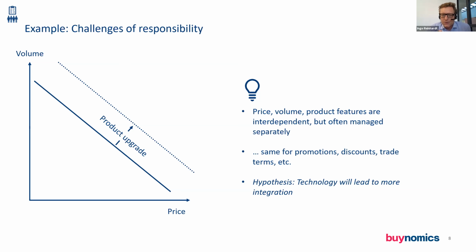And you can then also, and this is one of the trends that we are expecting, have a trend towards aggregation of decision making and responsibilities. So from a separation of responsibilities for price and volume, for example, towards a responsibility for profit, and that includes the fine-tuning of price and volume and using their specific relationship. So this is one of the trends that we expect with the spread of pricing technology like the one that we're building.